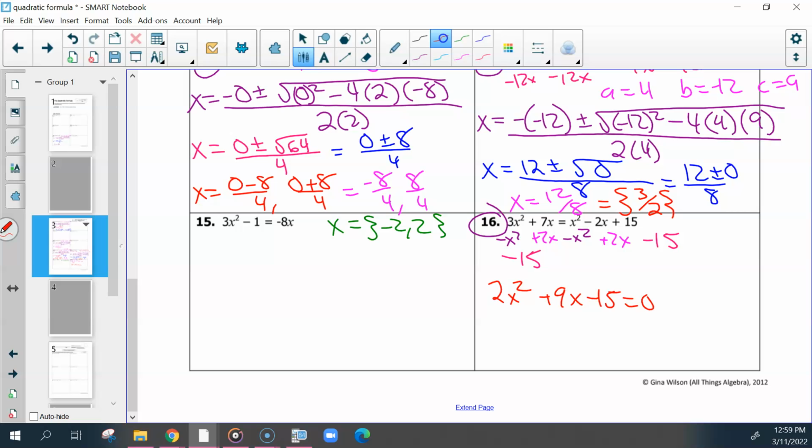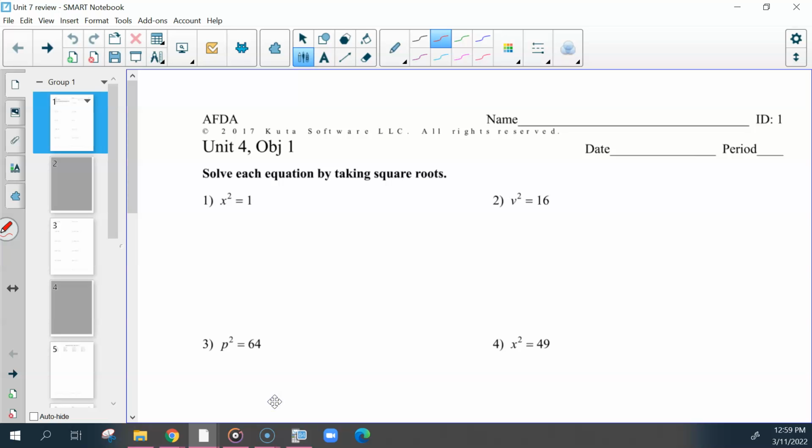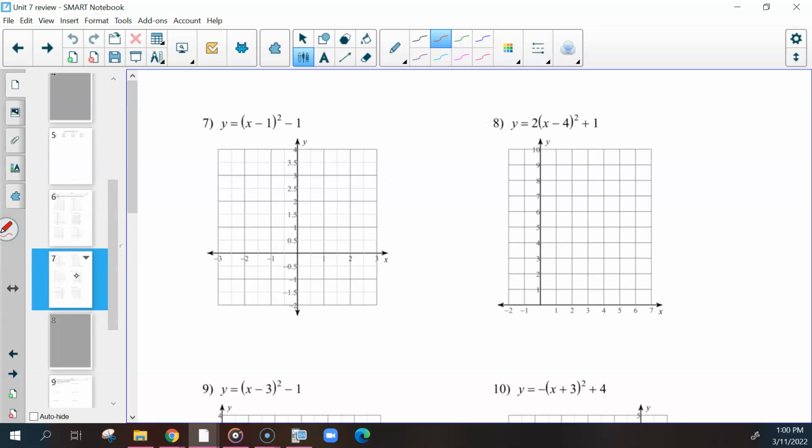Okay. You will have time to practice, but I want to switch gears for one second. Look at the review that was on your desk and find the page where it's graphing, but the back of that page.